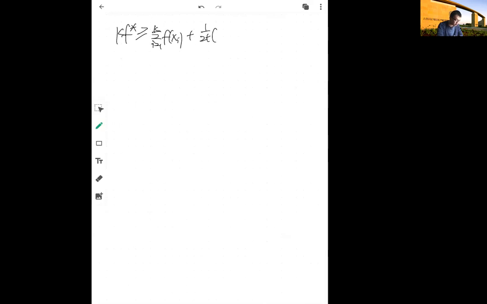We have the positive one, that's x star minus xk squared. We have the negative part, that is x star minus x0. So this is your initialization, right?